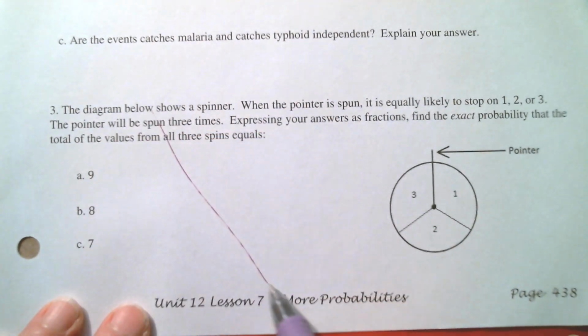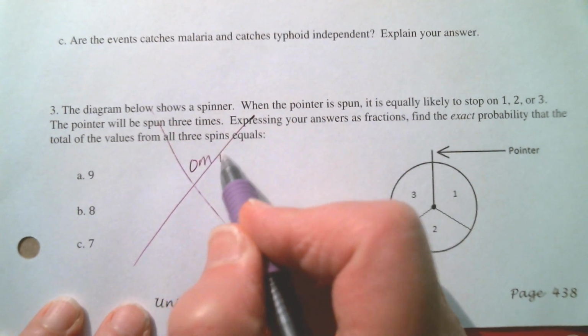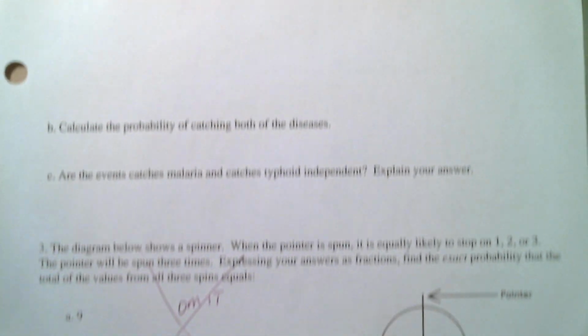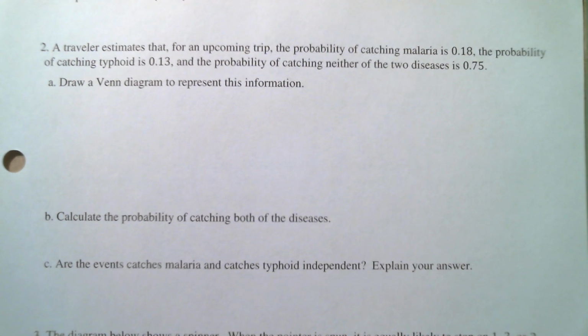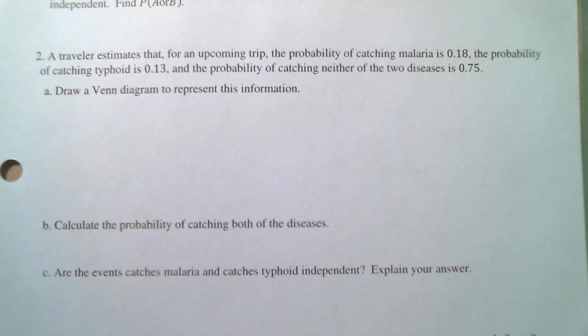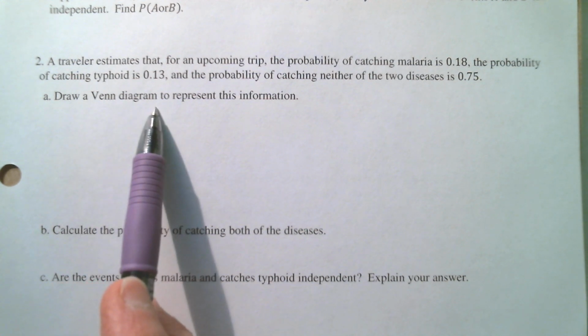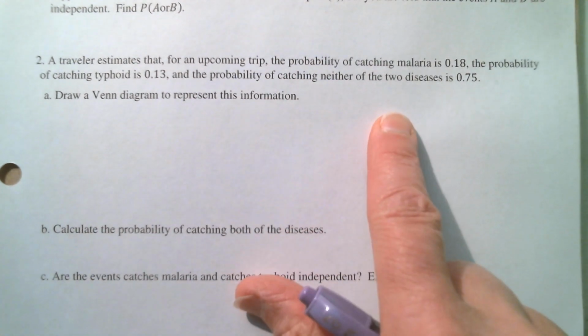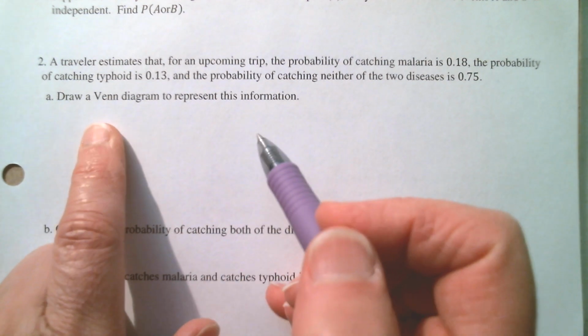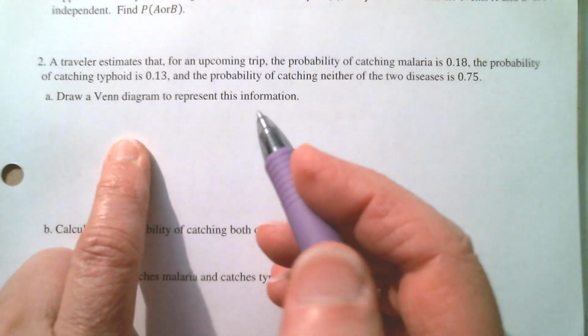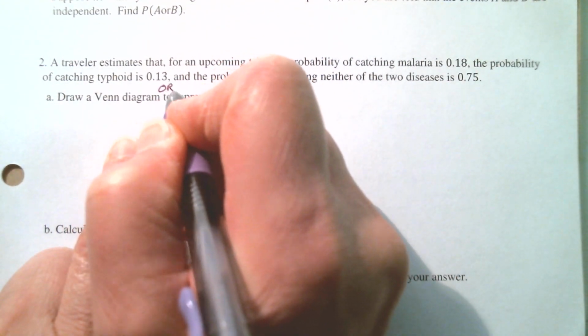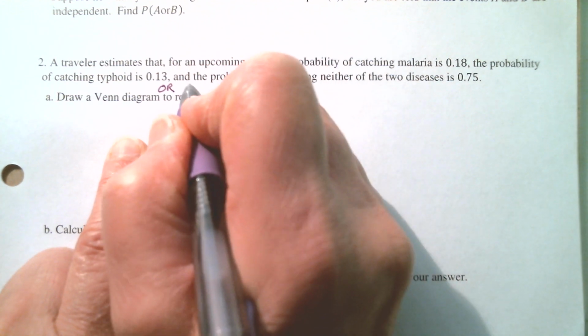Okay, so just omit number 3 on page 438. And I just want to point out that on page 438 as well, number 2, it says to draw a Venn diagram to represent the information. Let's just add to that. You can draw a Venn diagram or a two-way table.